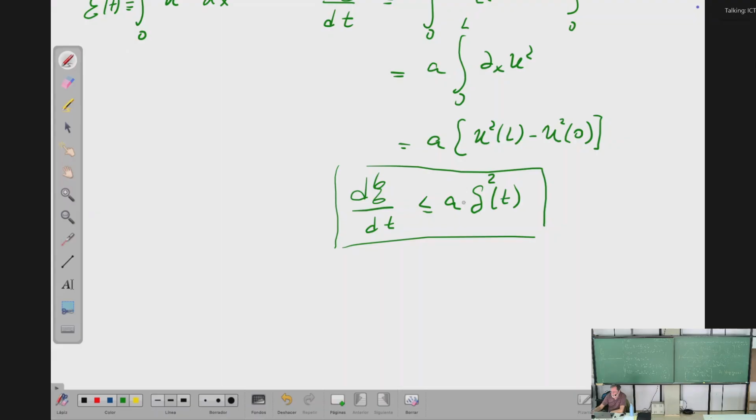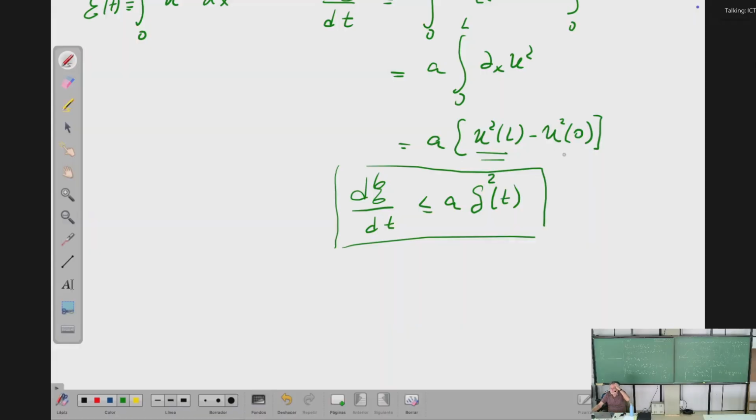So this is, I have stability, right? Provided I give this. If I don't provide this data, this could be anything, so I don't have any control. So if I give data for this, boundary data, then I get an energy estimate.